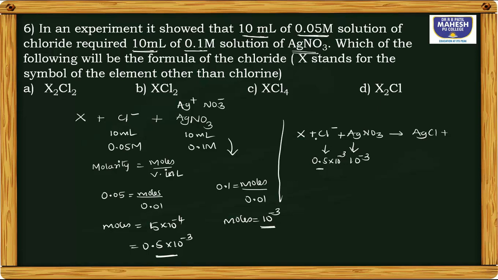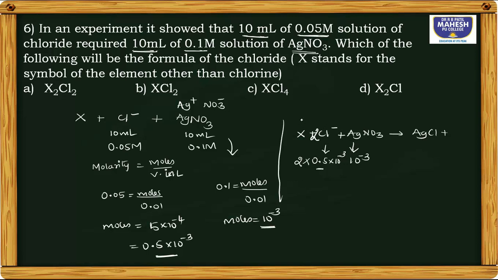For that purpose, I have to take two chloride ions. So I am taking 2 chloride ions here. That means its concentration should be multiplied by 2. When I multiply, this becomes 1 into 10 to the power minus 3 mole, which is equal to 10 to the power minus 3 mole of Ag plus, and we are going to get complete reaction between these two.